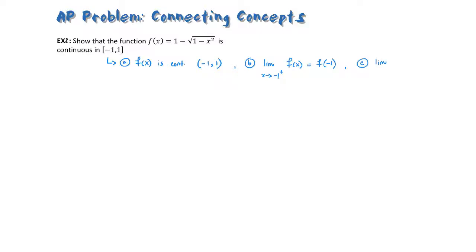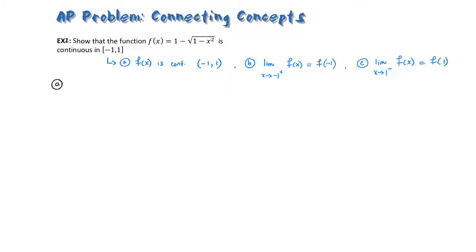So the limit as x approaches 1 from the left of f of x is equal to f of 1. If we manage to show these 3 cases, then we conclude that the function f is continuous in the closed interval -1, 1. All right, so let's tackle the first part.